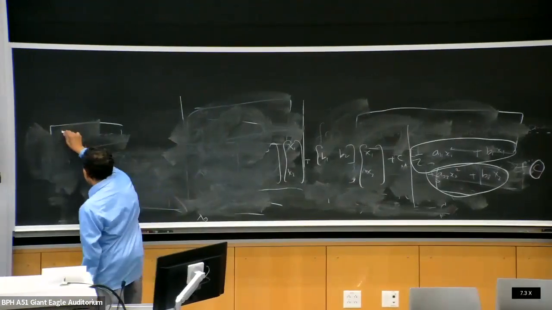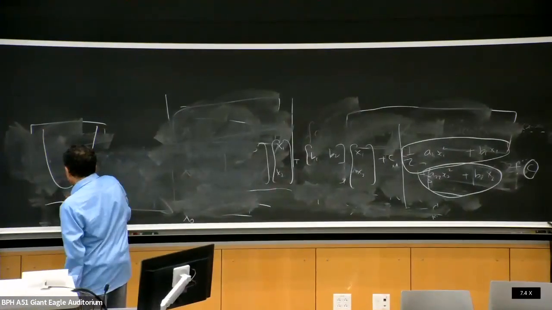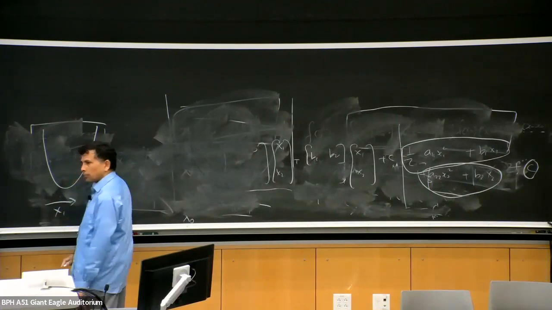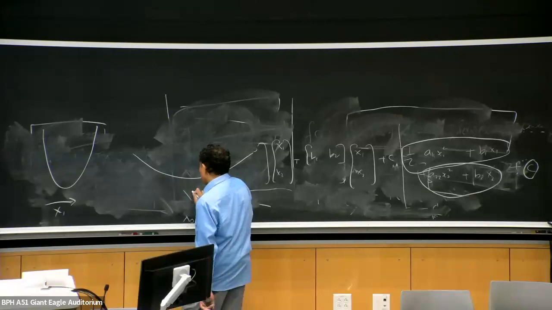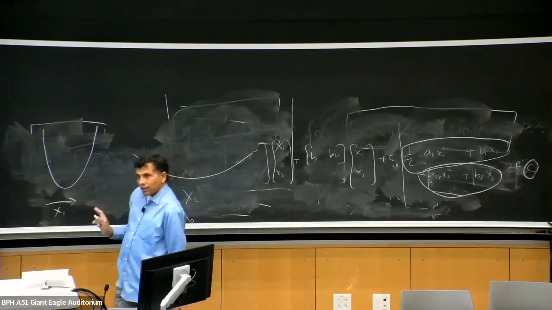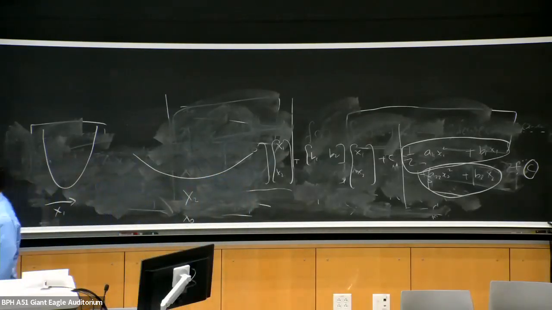And so let's say against x1, the function looks like so. Against x2, the function looks like so. Which of these has the higher quadratic term? The one on the left has the higher quadratic term because it's steeper, right? So let me call this A11.